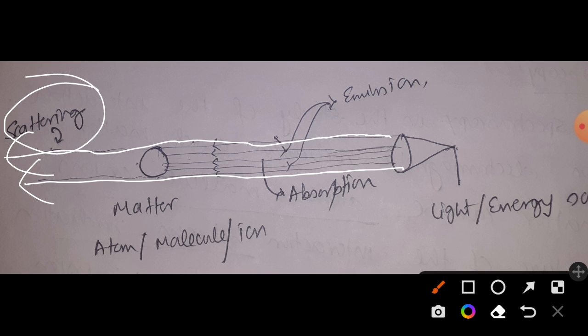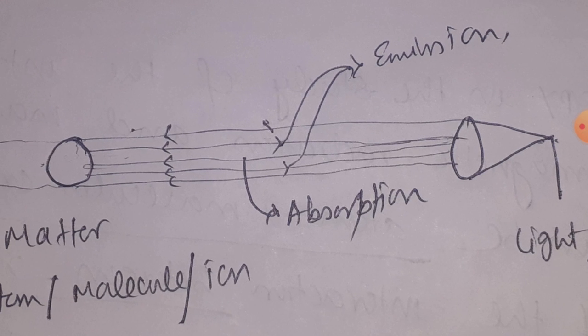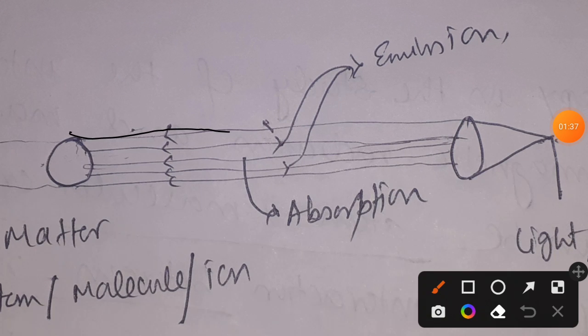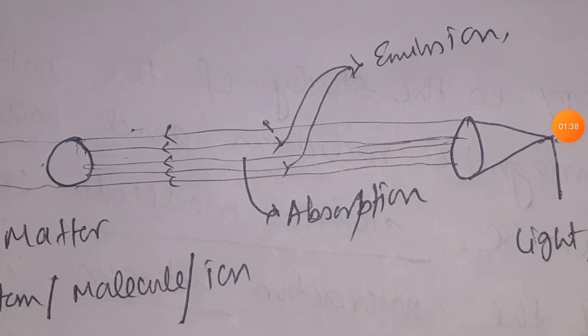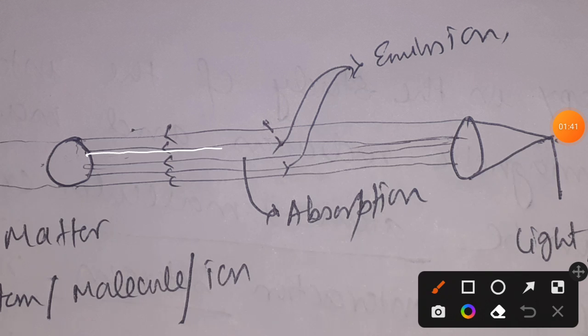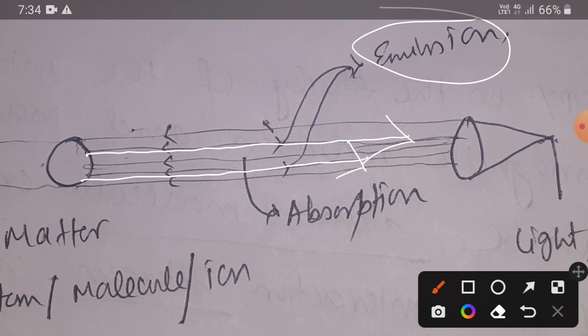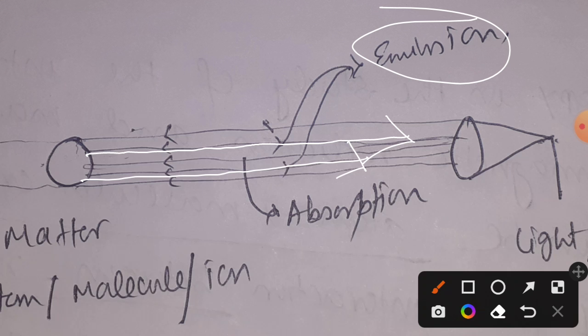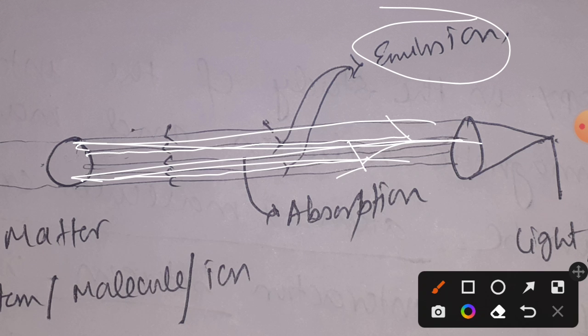This kind of condition is called scattering. Some of the light can be emitted back towards the source. This kind of thing is called emission, and some of it can be directly absorbed by the molecule.